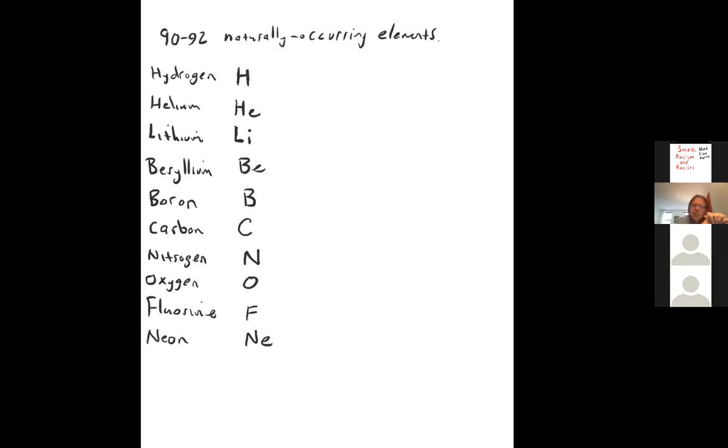So what we know is that our own sun already has beryllium, it already has boron, it already has carbon. So we have to ask, okay, well, if it's making that stuff, but it already has it, where did that stuff come from? And it turns out it came from a previous generation star.